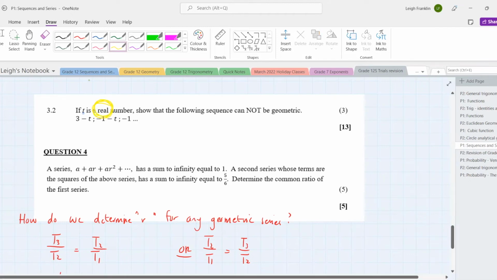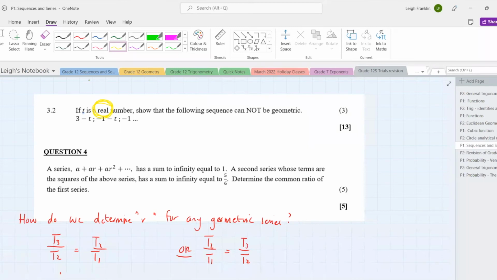When they use the word real, they want us to do an interpretation based on what? What's the implication behind something that's real or non-real?